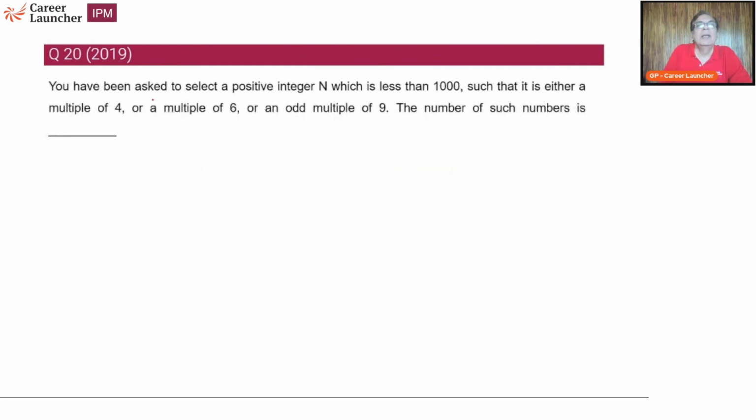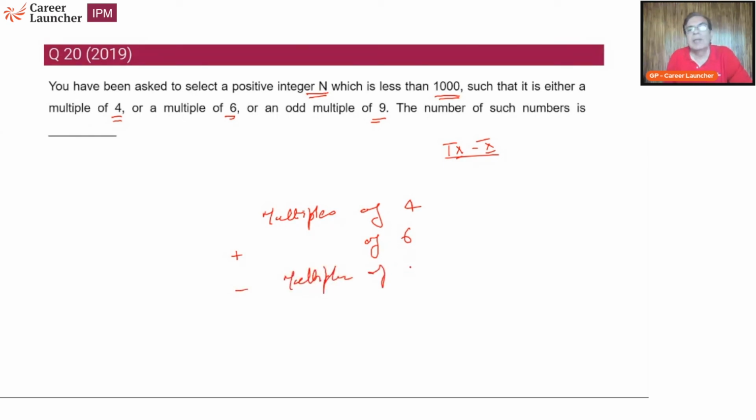Question 20, you have been asked to select a positive integer n which is less than 1000 such that it is either a multiple of 4 or a multiple of 6 or an odd multiple of 9. What is the number of such numbers? Something which you studied in numbers, class 9, 10 topic. What will you do? Find multiples of 4, then multiples of 6, minus multiples of the LCM of 6 and 4, which is 12.